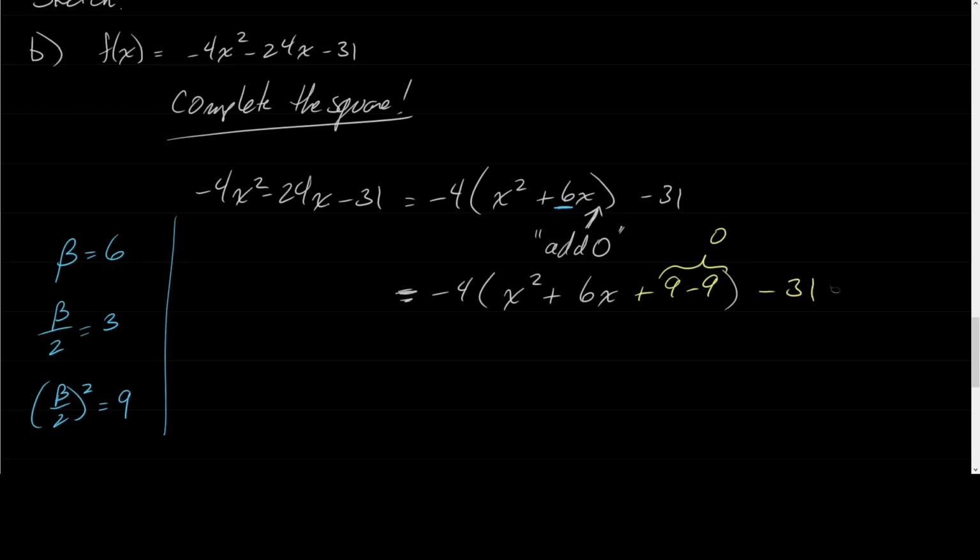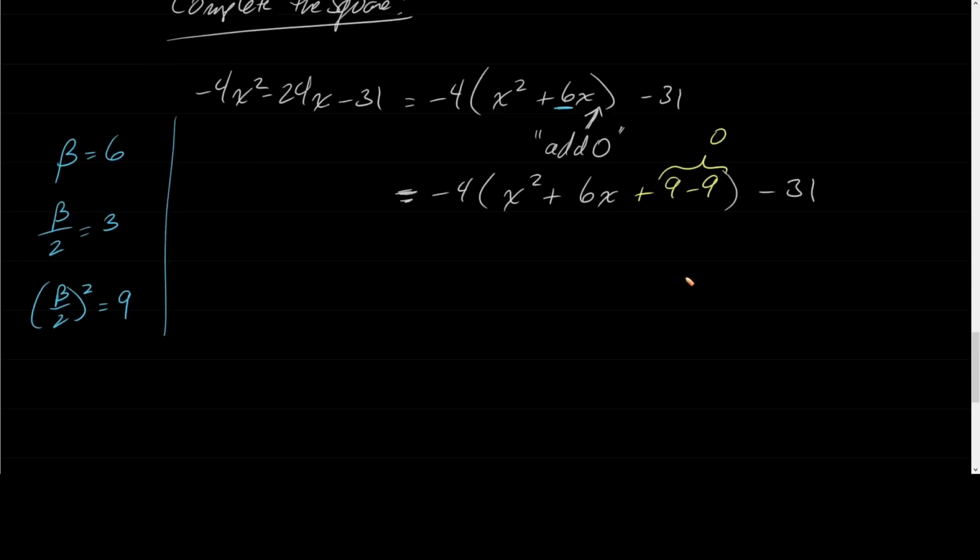So now in there, we want to continue to manipulate this. We want to factor this inside somehow, but we don't want this negative 9 that's in there. So what we need to do is take this negative 9 and take it out of the parentheses. Why? Because when we do that, the x squared plus 6x plus 9 will be factorable into a perfect square.